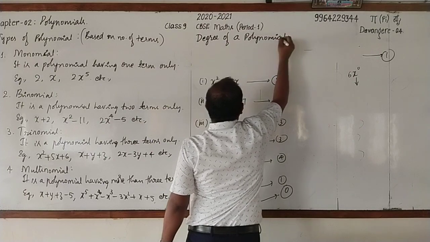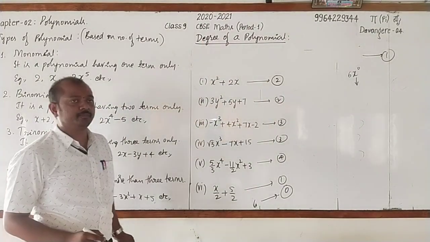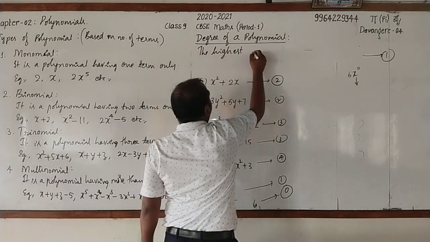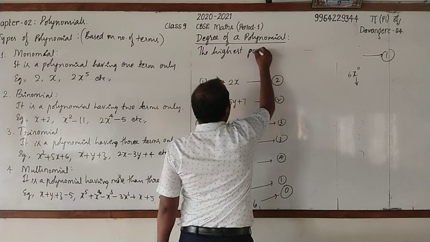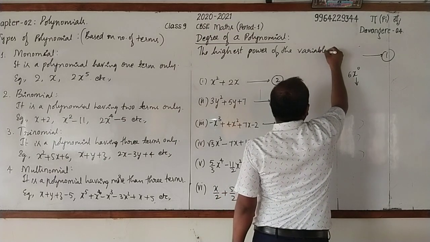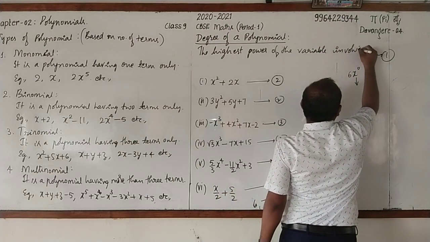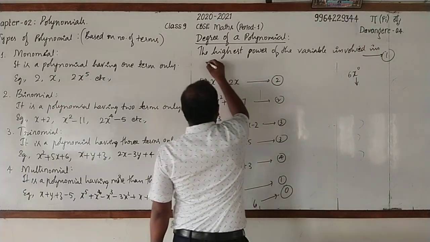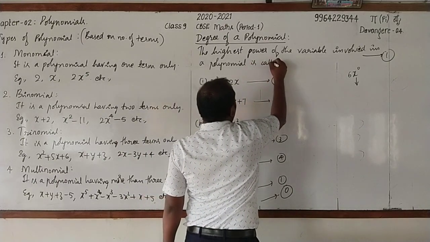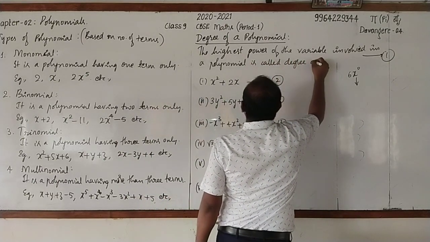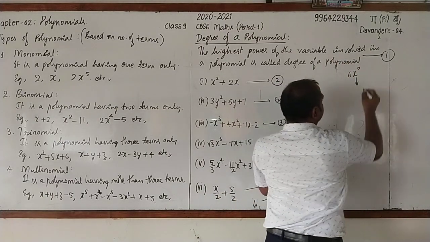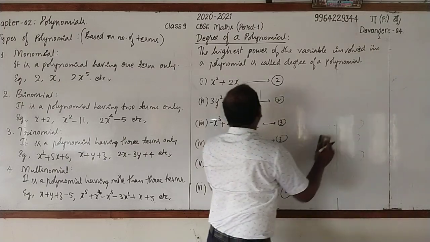Just to recall the definition of degree of a polynomial, here I will write: the highest power of the variable involved in a polynomial is called degree of a polynomial. Got it? Yes. Now observe this.